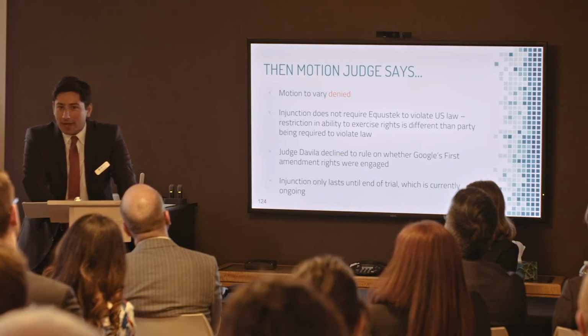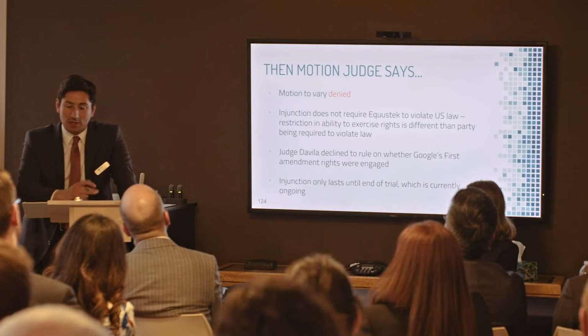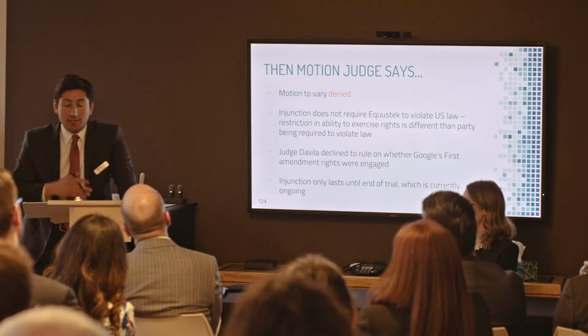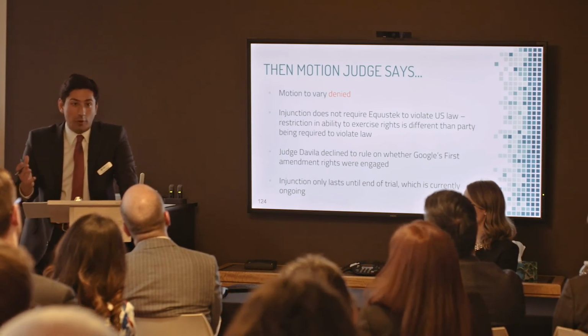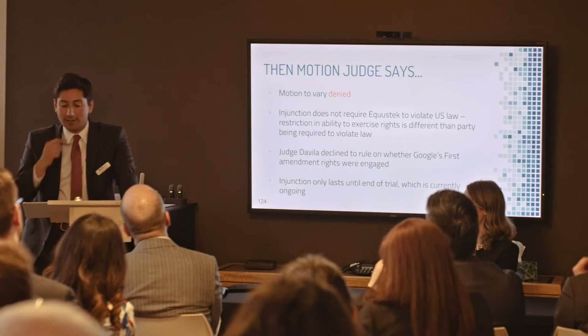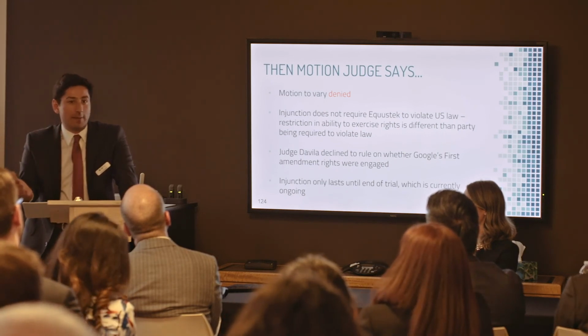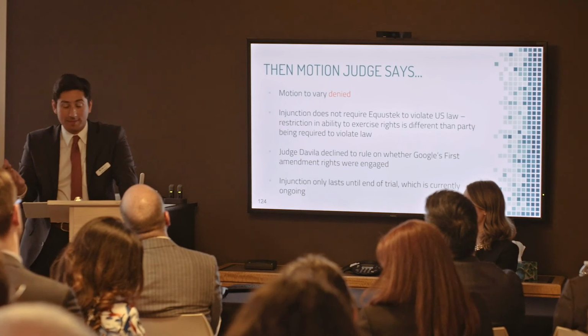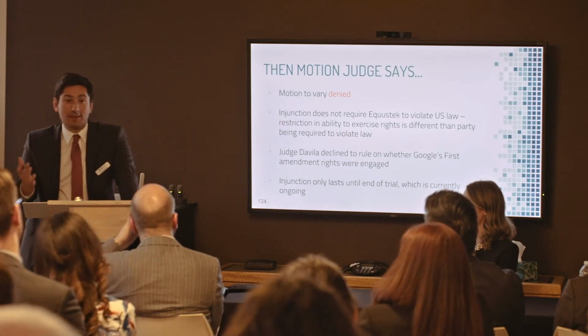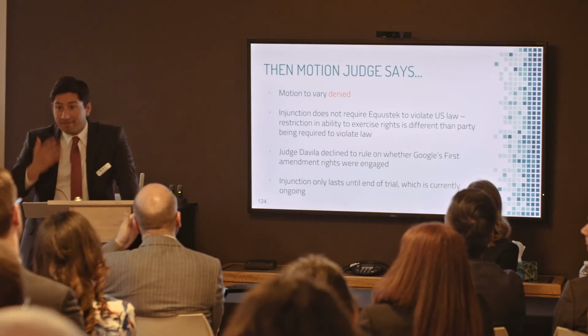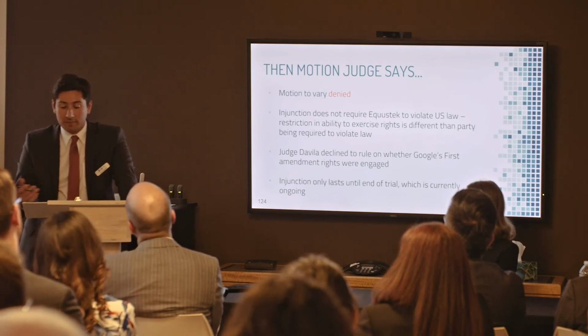Seizing on the first part of the language, the BC Supreme Court says that the US decision does not say that the Equustek order requires Google to violate US law. Even without the order, for example, Google would be free to de-index websites if they want. Nothing in the Communications Decency Act prevents Google from de-indexing.